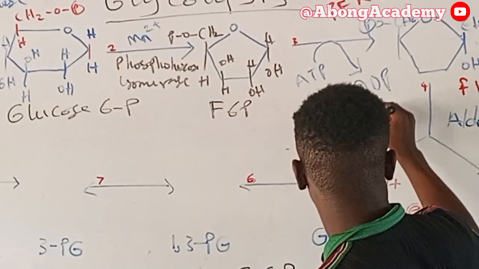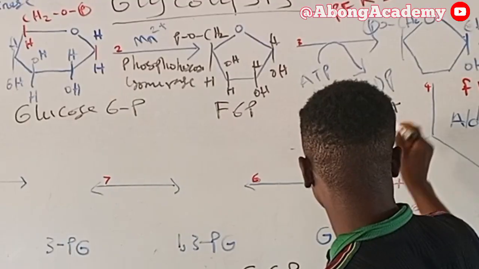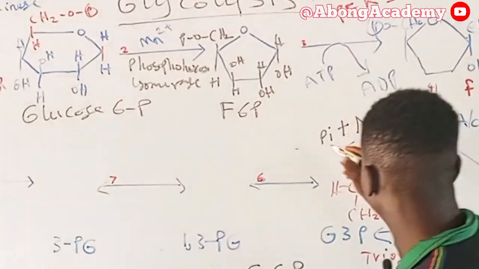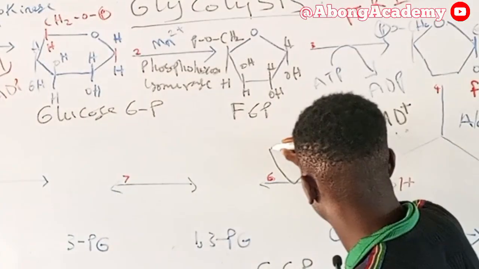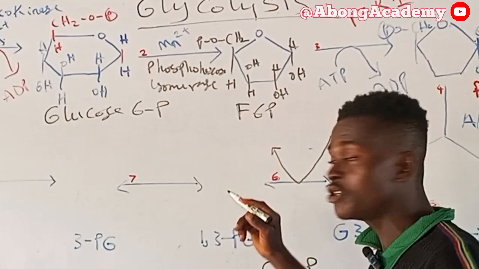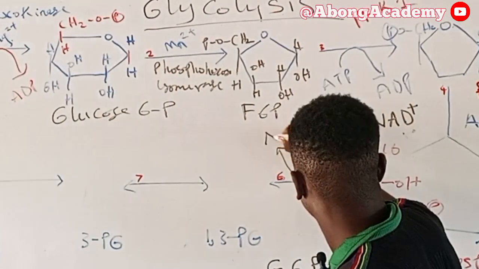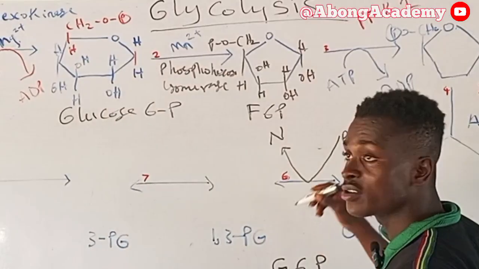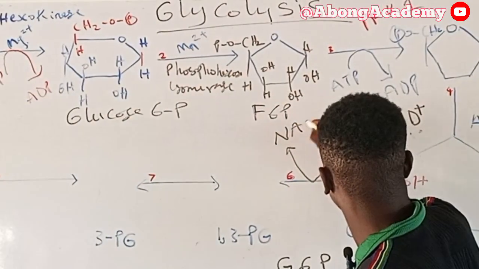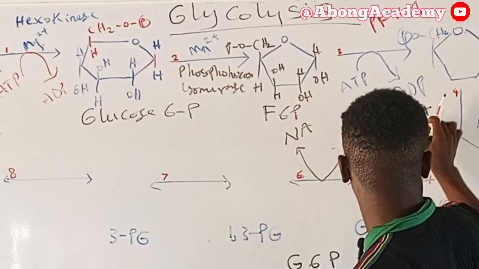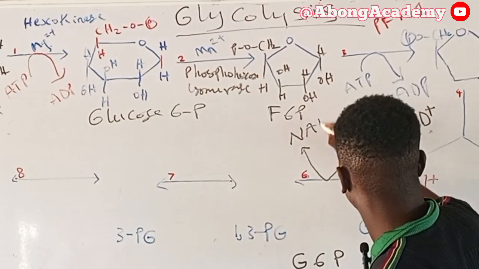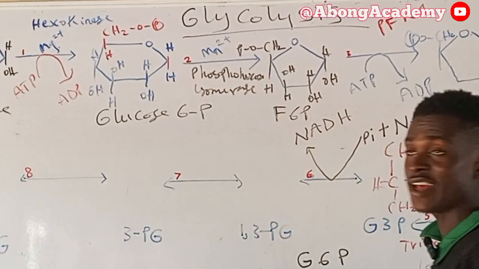Also, a vitamin, which is referred to as niacin, is added into this reaction. And what we are going to yield here is the reduced form of the oxidizing agent. This is a reducing equivalent. We're going to yield NADH.